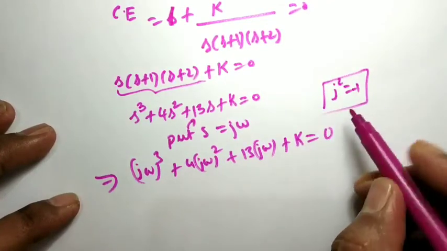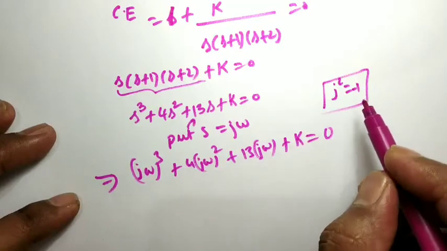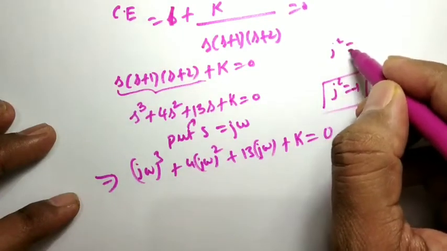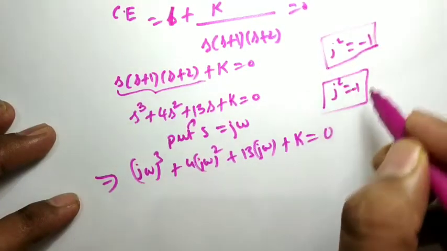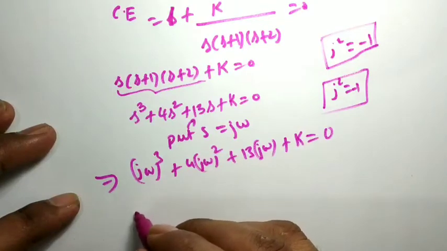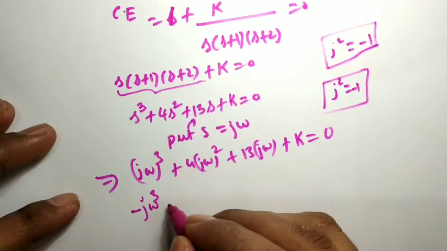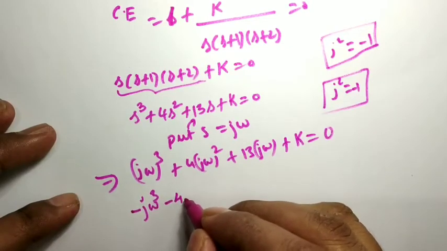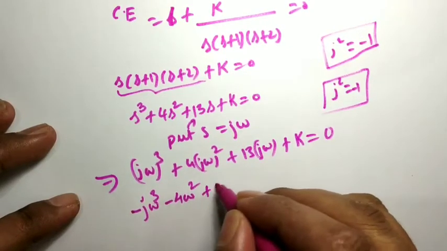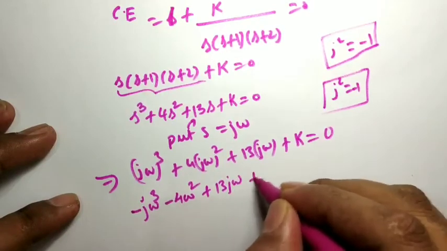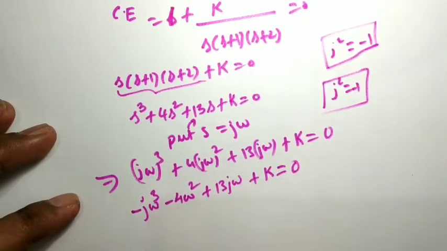J square is equal to minus 1. So what happened here, minus j omega cubed, minus 4 omega square plus 13 j omega plus k is equal to 0, right?